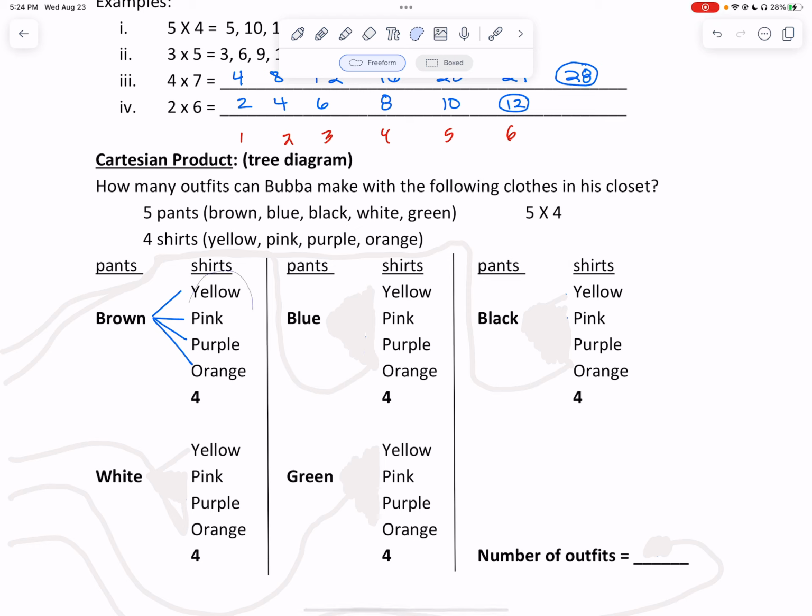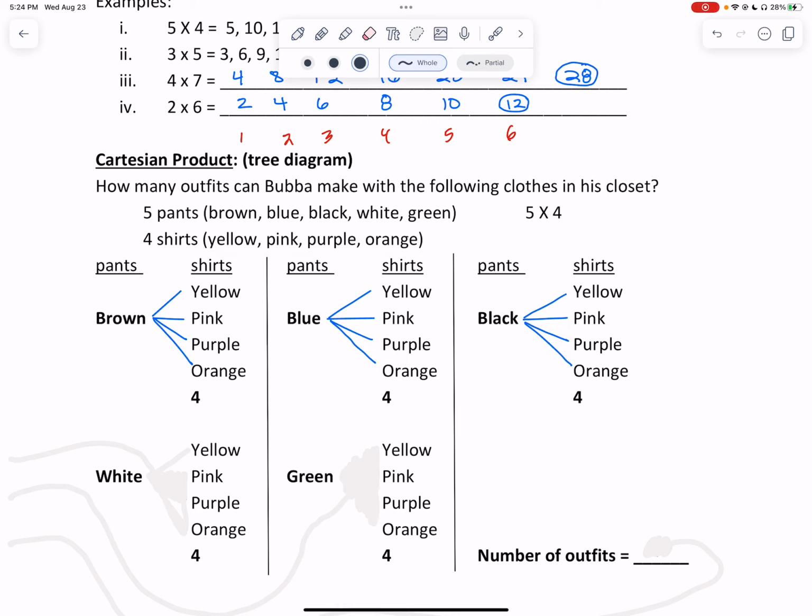So he could go 4 days in brown pants, and he would have 4 outfits. Okay, but he's got blue shorts. So he could have 4 outfits with his blue shorts as well. He could then have 4 outfits with his black shorts, right?